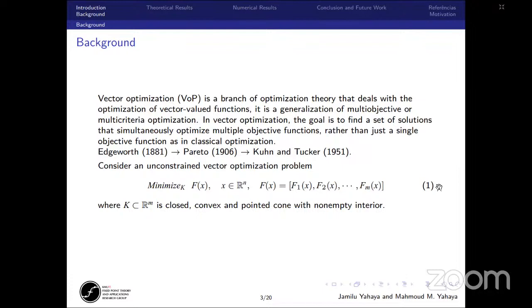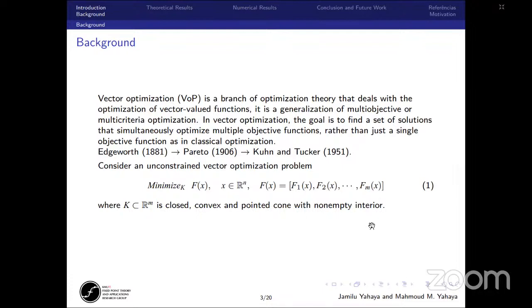This simply means that we are trying to find x for F1, F2, up to Fm, depending on the number of objective functions we are optimizing, in such a way that none of the objective functions fails to move towards its minimizer. It is a conflicting pattern. For example, with F1 and F2, if you have the task of optimizing two goals that are entirely different from one another, or fighting one another.